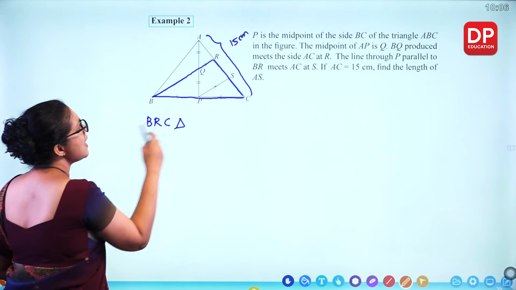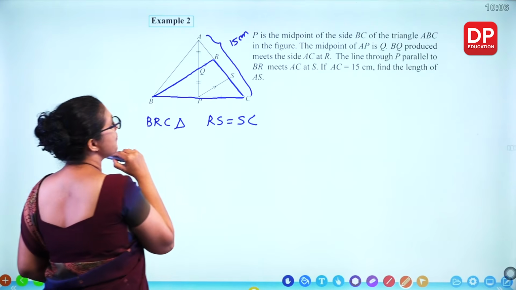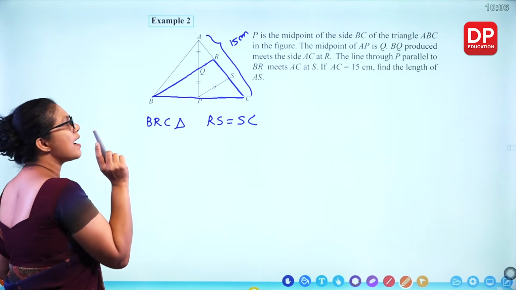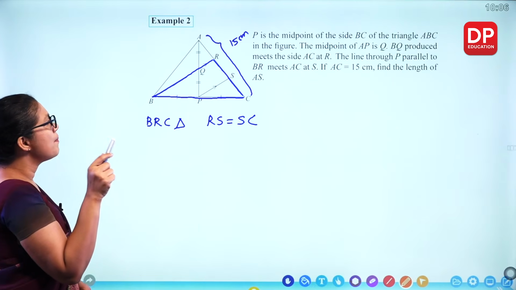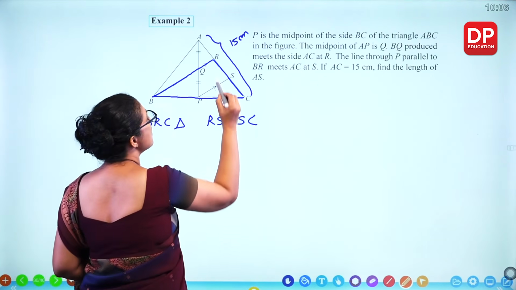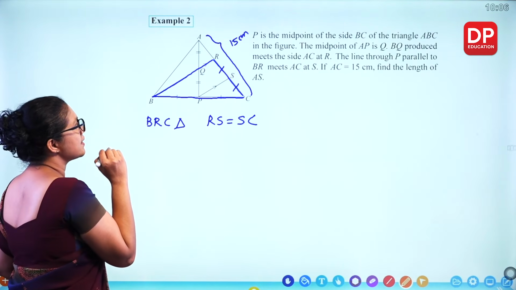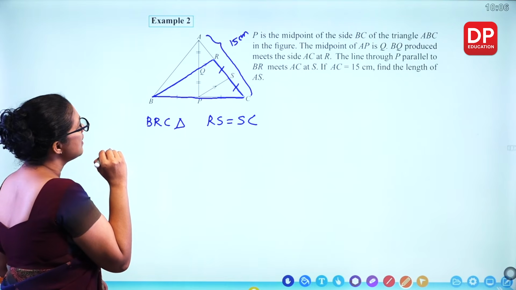You can say RS is equal to SC. The line PS bisects RC. That's because of the converse theorem, so I can put this length equal to this length.